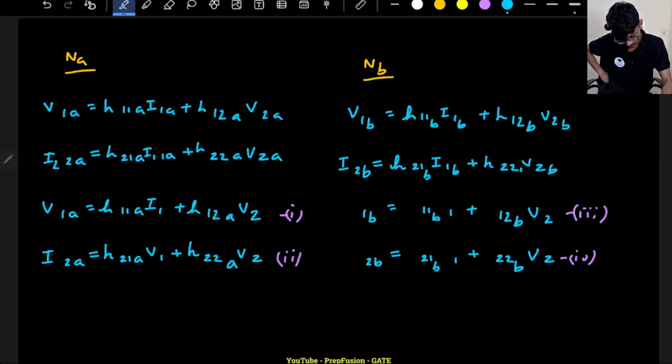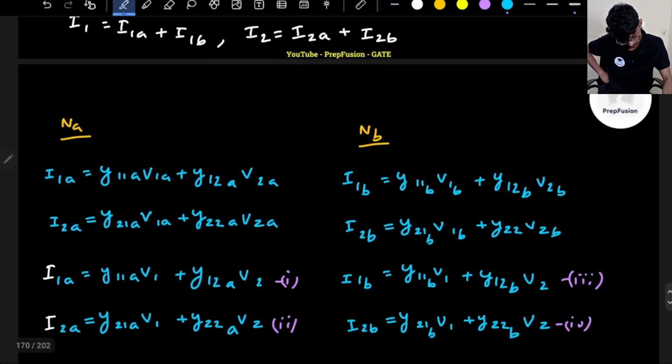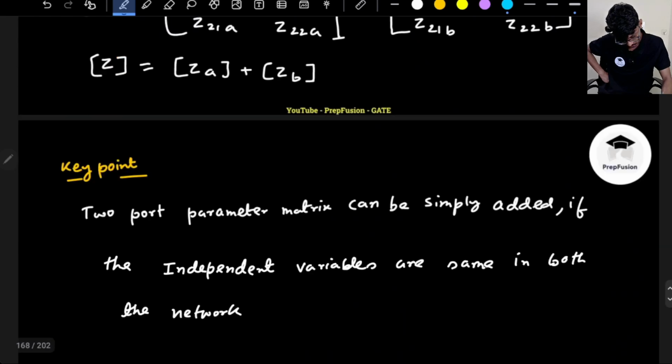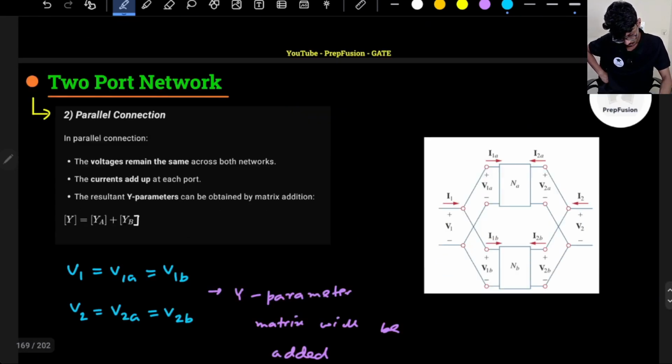This will be H22B. Okay, in the previous one as well I forgot to write B here, I think. This will be H22B, this also will be B. I forgot to write it. Just this will be B.